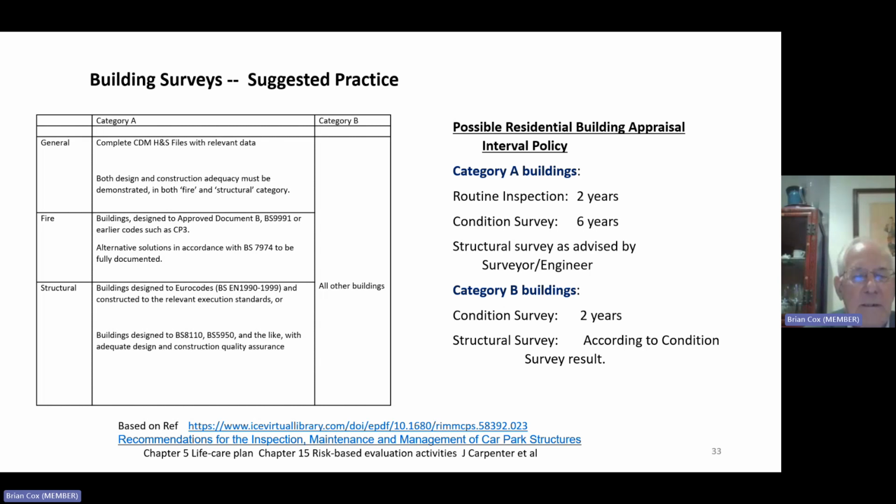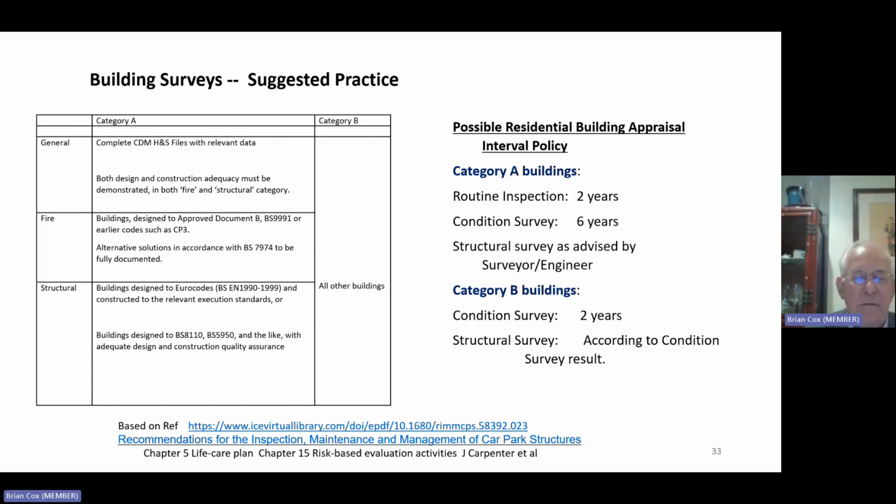And the suggestion is that category A buildings should be routinely inspected every 2 years, and then a condition survey every 6 years, and a structural survey depending upon the outcome of the condition survey. And category B buildings need a condition survey every 2 years, but then a structural survey according to condition again.